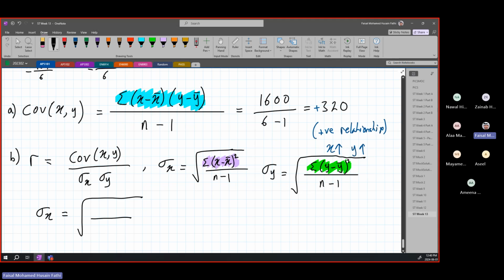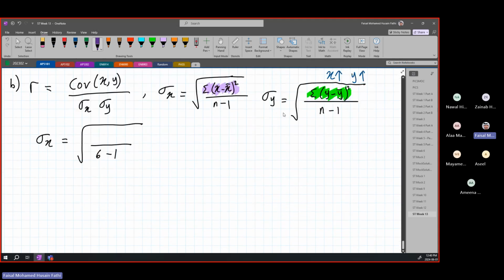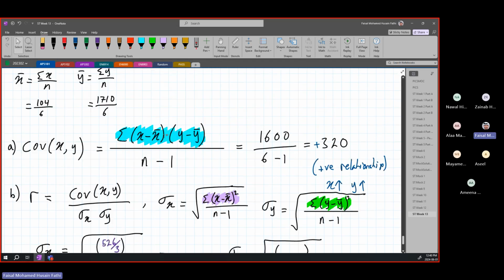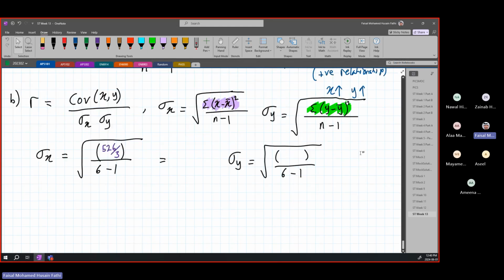So we know n is 6 minus 1 at the bottom, and at the top it is 526 over 3. All right, which is going to give us a value, and then sigma y is equal to n minus 1, which is just 6 minus 1, and we found this value for it, which is 28750.